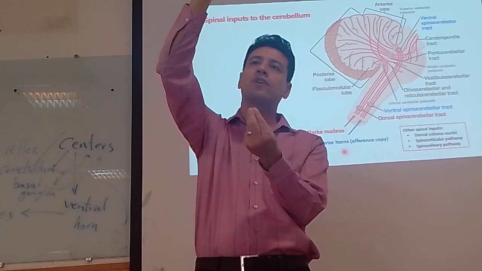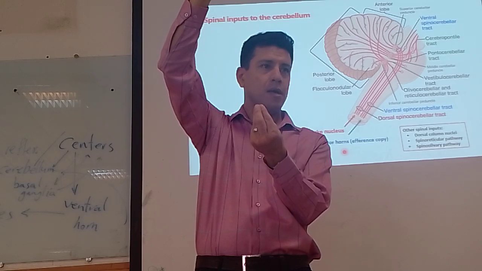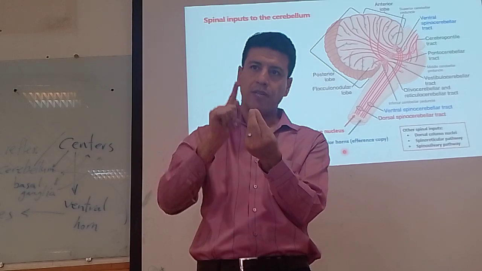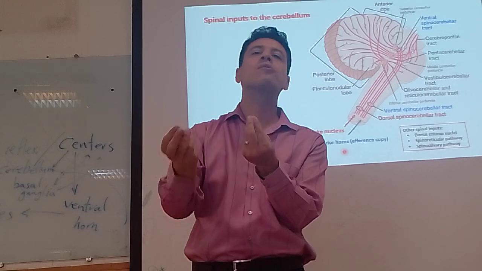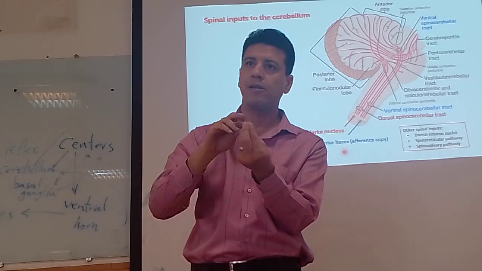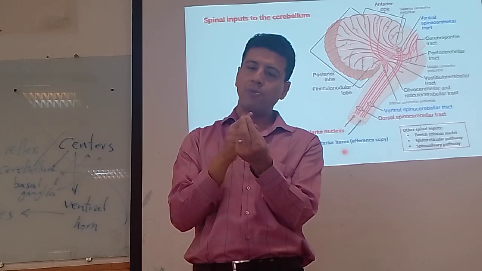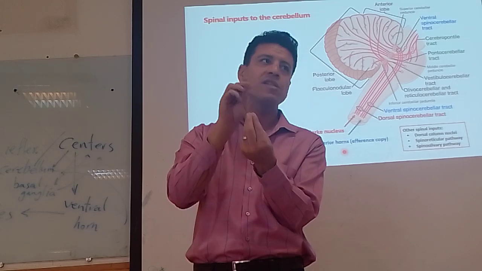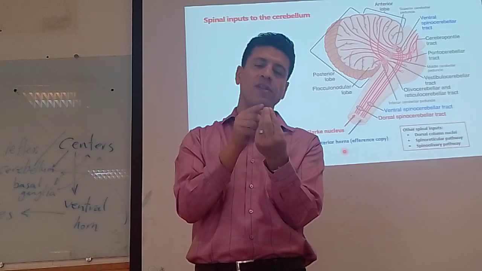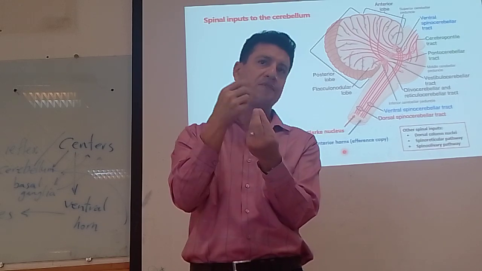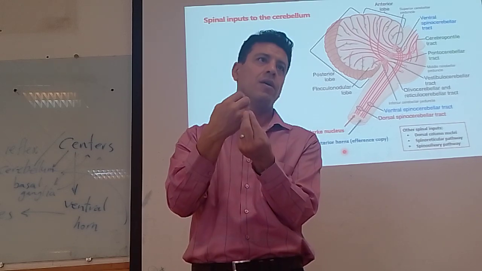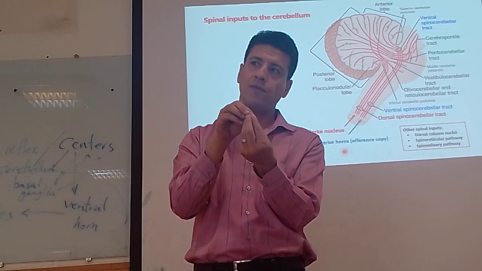So maybe you have a motor command from the cerebral cortex. It comes down through the spinal cord here, but there are also other pathways that come here. So they change the motor command, right? So the cerebellum should know also about the changes that happen here. So this is the efference copy. We call this efference copy, the final version of the motor information that reaches the ventral cord.